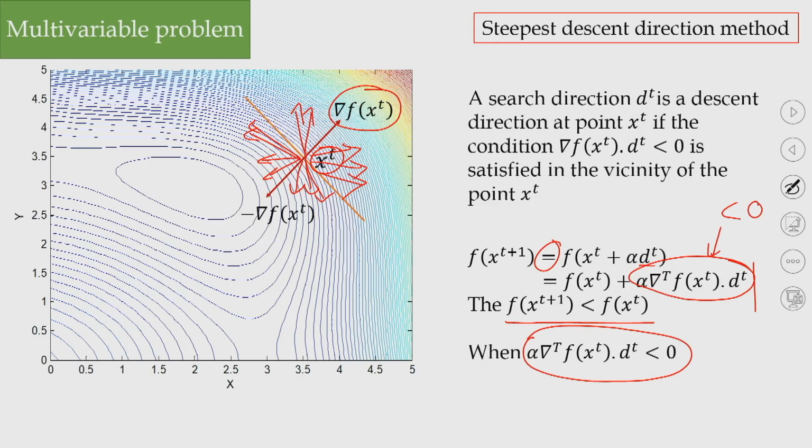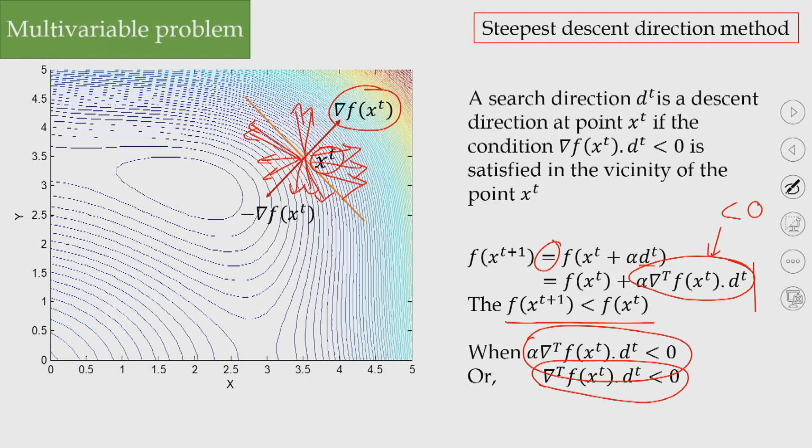Because alpha is constant, if this particular value, that means the first derivative at x t dot dt, is less than 0, then whatever direction you are going along, dt direction, that direction will be a descent direction.